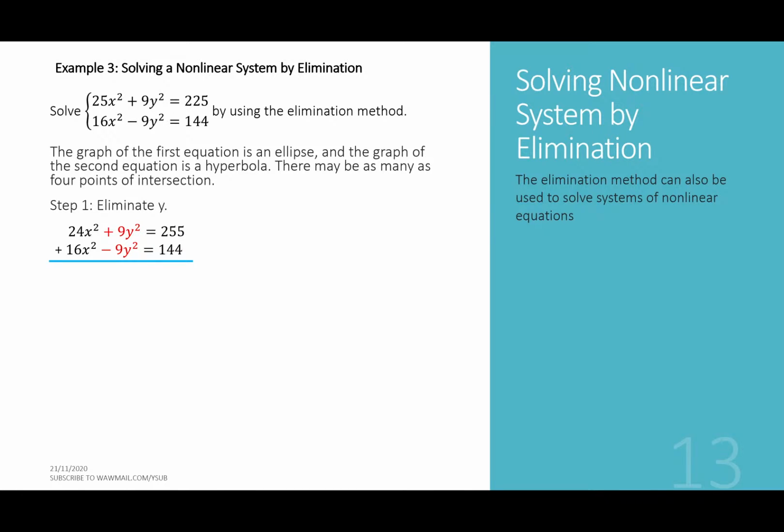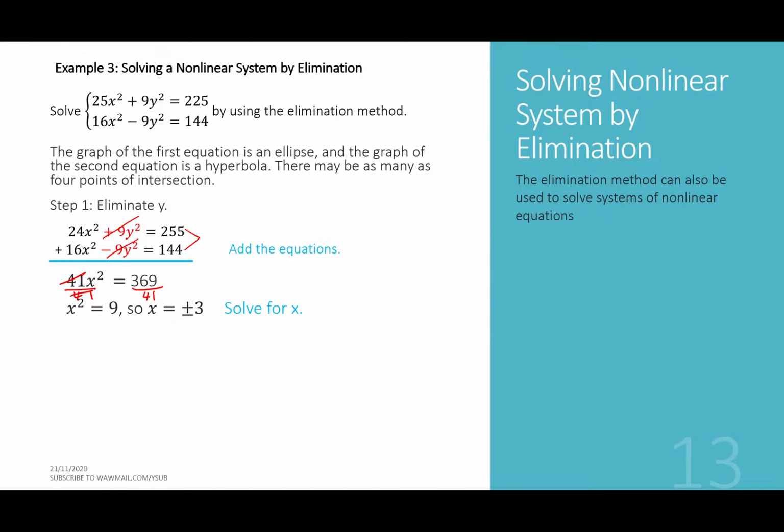Simply, 9y square and minus 9y square will be removed together, and 24 plus 16, we will get 41x square equals 255 plus 144, we will get 369. We will just simply divide by 41 to get x square.